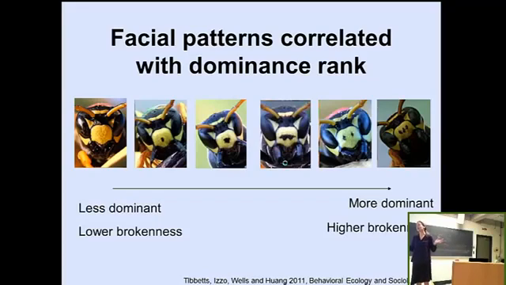Edginess, why does that matter? But I'm talking to a group of entomologists, so you should know that the insect compound eye is really different from our eye. And compound eyes can be particularly attuned to moving edges or edginess in a pattern. So I think that's why this is the component of facial patterns that matters to other wasps.